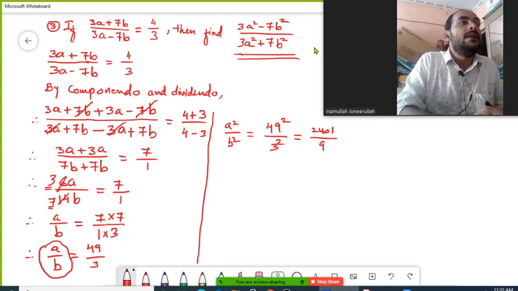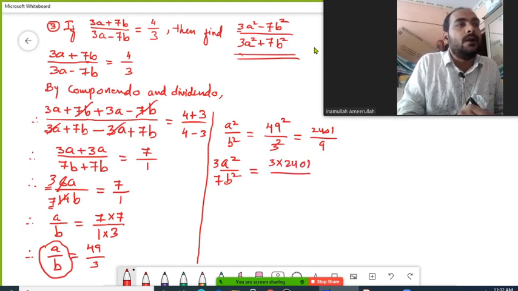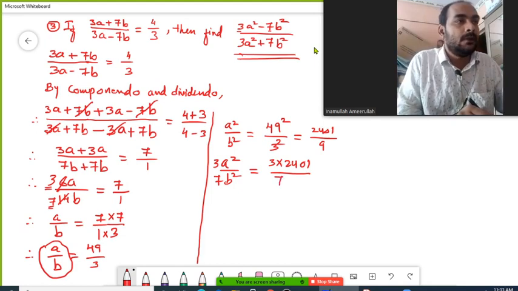Then we need 3 times a and 7 times b also. So here we will multiply a² upon b² with 3 and 7. The same we will do on the other side: 3 into 2401 upon 7 into 9.